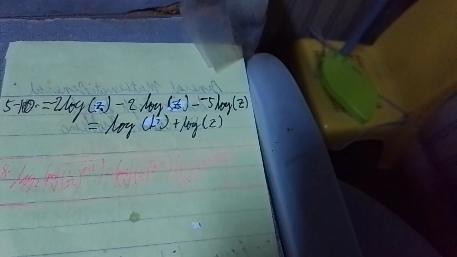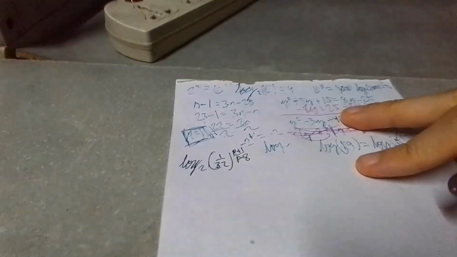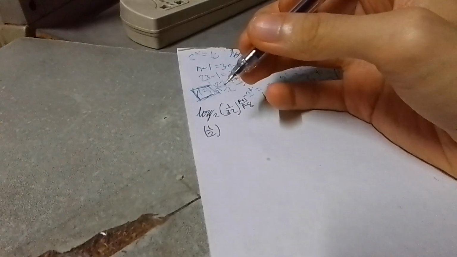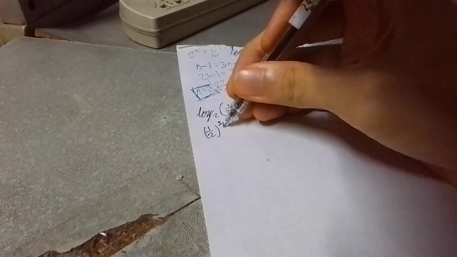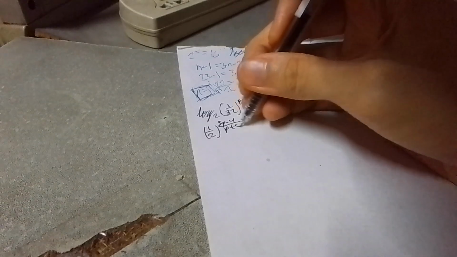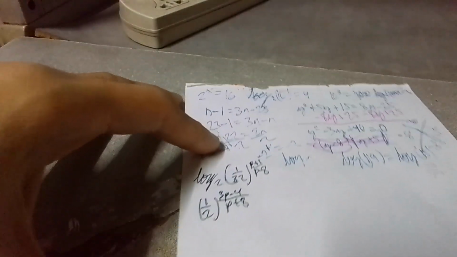And then on the second one, it is 1 half raised to 3p minus 4 divided by p plus 8. Very good. So it's equivalent to 1 over 2 raised to the 3p minus 4 over p plus 8 power. Just like that. Right? So that's the second part.